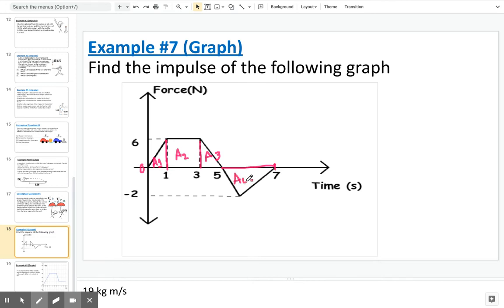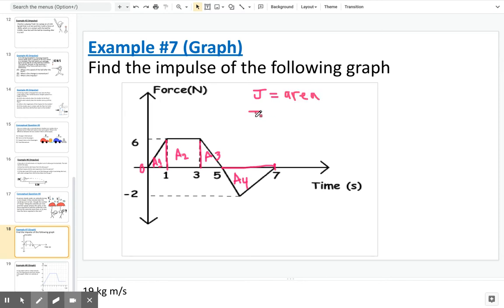Notice here that the force is negative. So that means the impulse will be negative. Impulse is a vector, just like force. So when we find the area, we're going to have to subtract this negative portion from the positive portion. So I start out by finding J, which is equal to area.